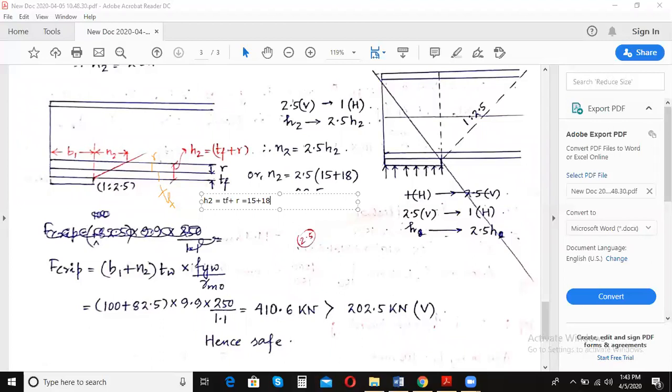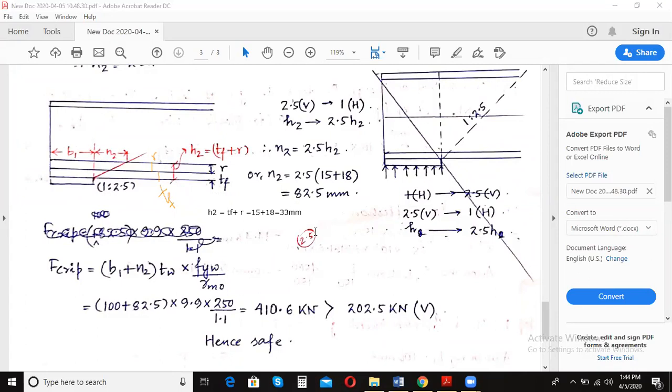So how much is it going to be? It is coming out to be 33 mm. Clear? Now you need to calculate this N2. In order to calculate N2, you just multiply by 2.5, because the slope at which the dispersion is taking place is 1:2.5.